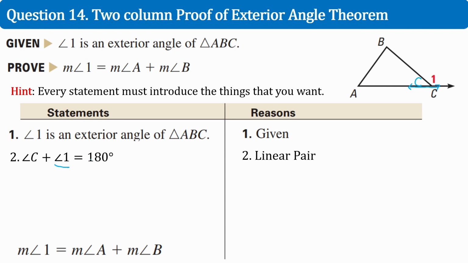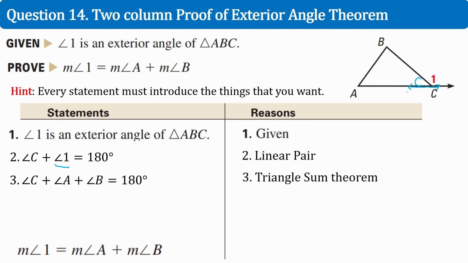I have to somehow get the measurement of angle A and the measurement of angle B. Well, on the inside, we know that the measurement of angle C plus the measurement of angle A plus the measurement of B has to add up to 180, because that's the triangle sum.